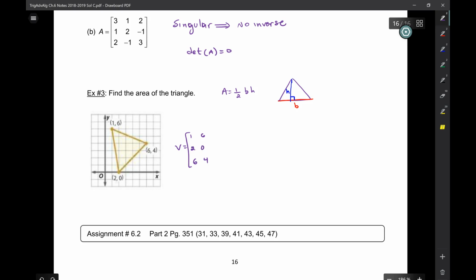You could put them in any order. You could do vertex A, B, C, or C, B, A. I'll let you know later where that makes a difference. It doesn't make a difference in the value, because if you look at the triangle sideways, does the area change? It doesn't.